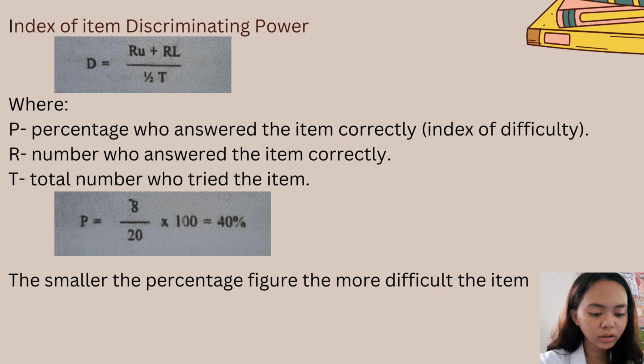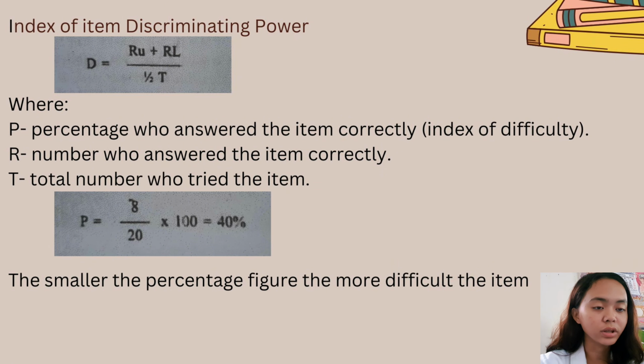I think nagkaroon din dito ng error because the number in the upper group, ang binigay siguro dito ang example is the number of the upper group who answered the item correctly is the number 6 plus 2, which is the number in the lower group who answered the item correctly, divided by 20 times 100.